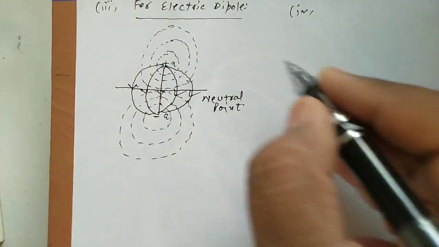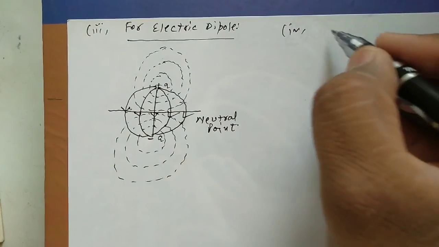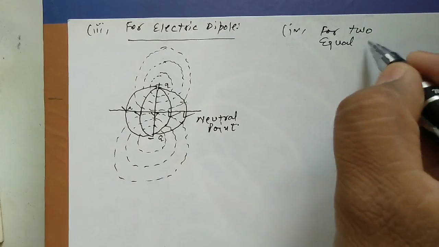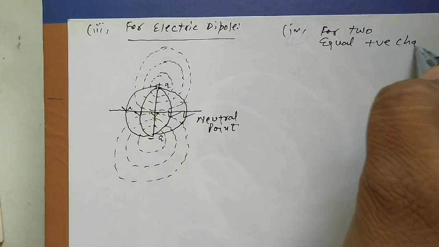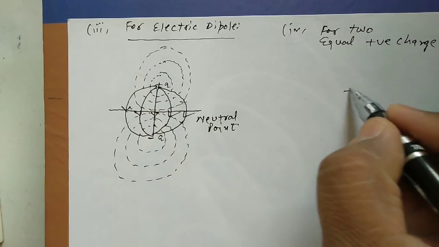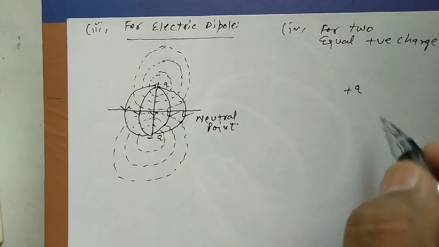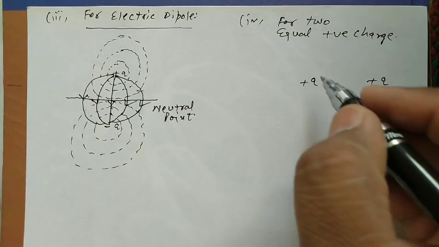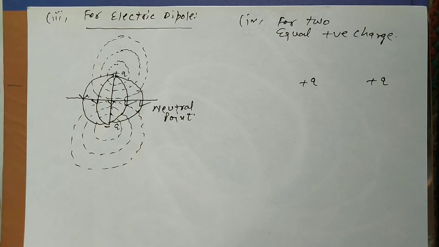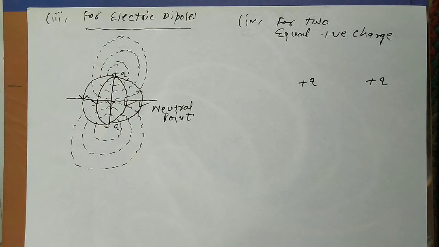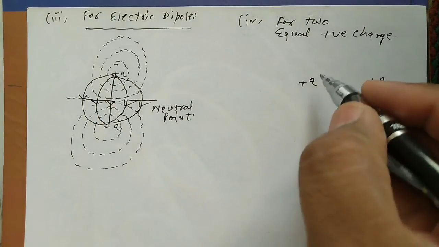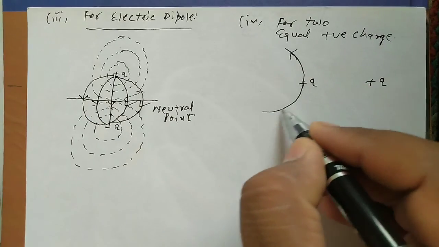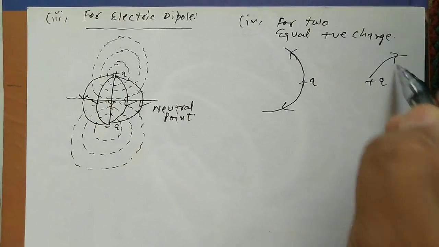Fourth, for two equal positive charges, plus Q and plus Q. For a positive charge, the electric field line is outward.